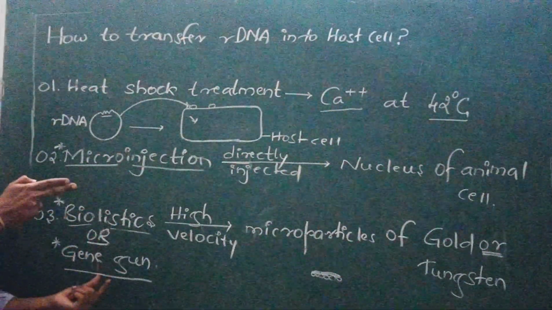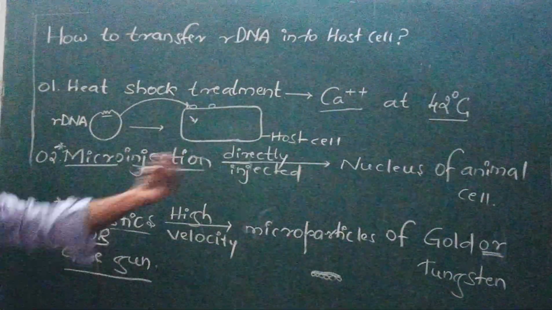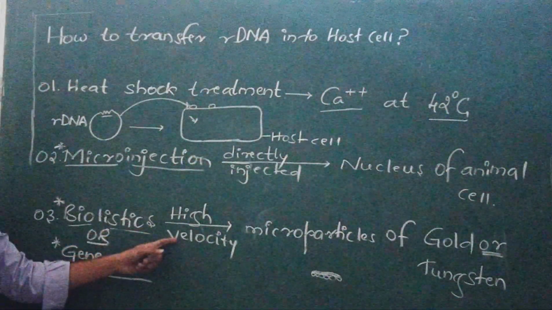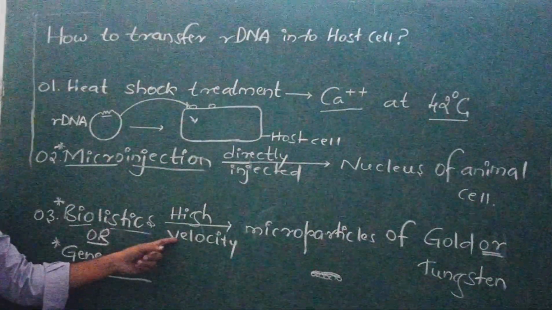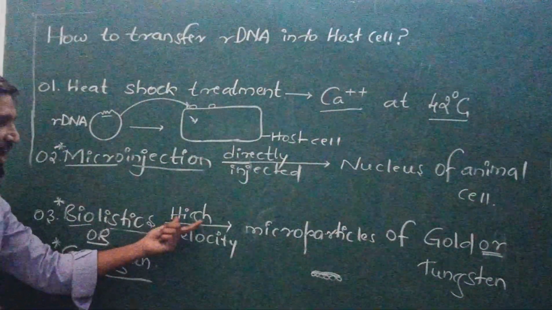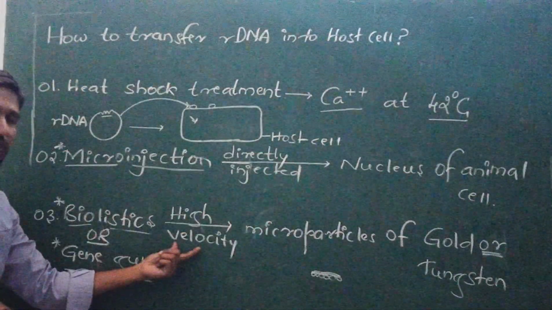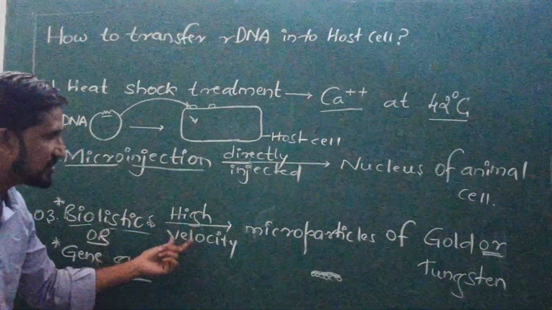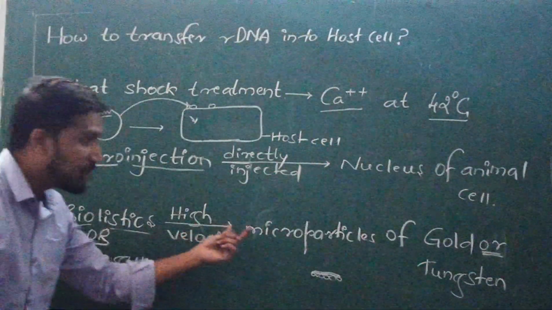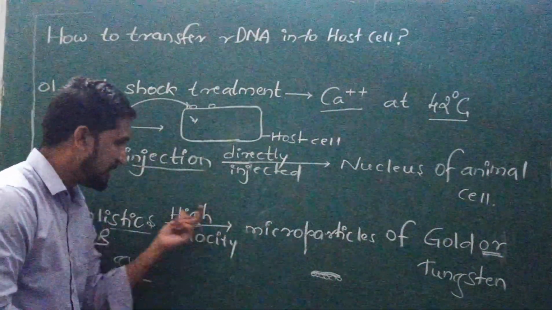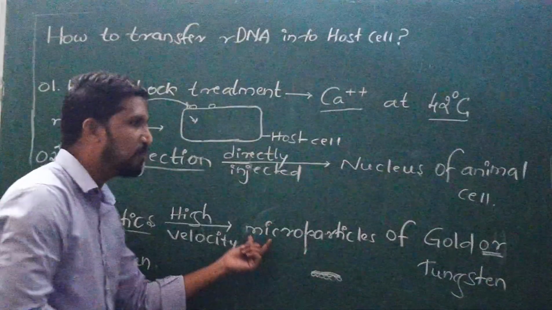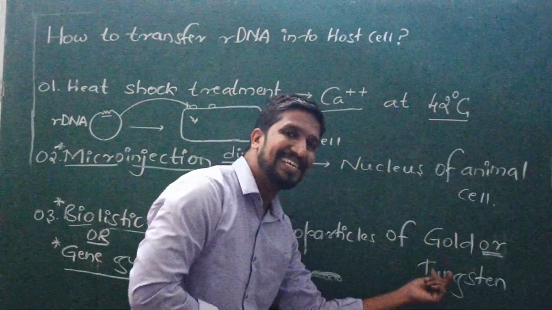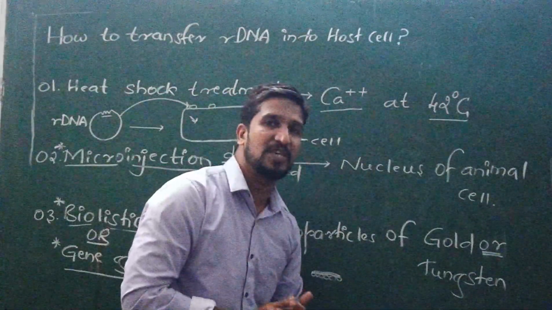Gun means you know very well that with shooting, the bullet goes at high speed, and in that velocity the gene is transferred. So high velocity is used. Which high velocity is used? The high velocity of microparticles of gold or tungsten is used.